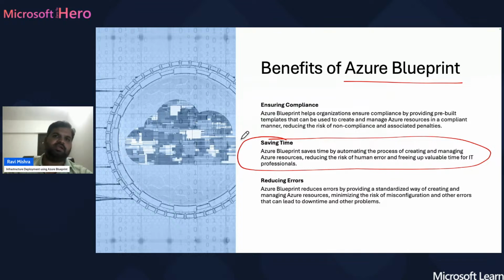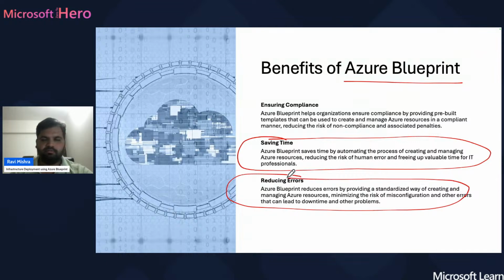Subscription A, B, C, D, many more. Wherever I want the same setup to be done, I can just use that blueprint and it can help me get that done. Another benefit you see is that there is less human intervention. When I say less human intervention, I mean I'm not doing things manually.